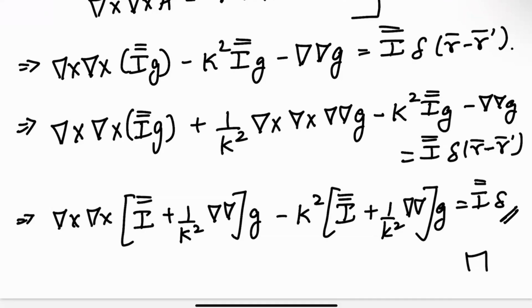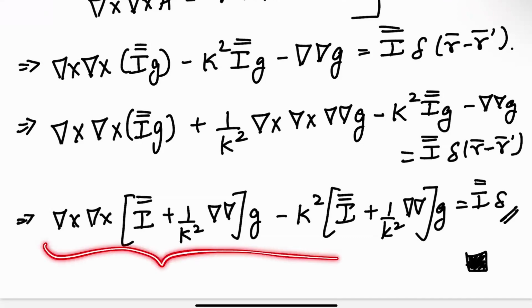And this completes the proof because this is exactly the tensor wave equation we wanted to get to. So this quantity here is our dyadic Green's function. And we've completed that proof.